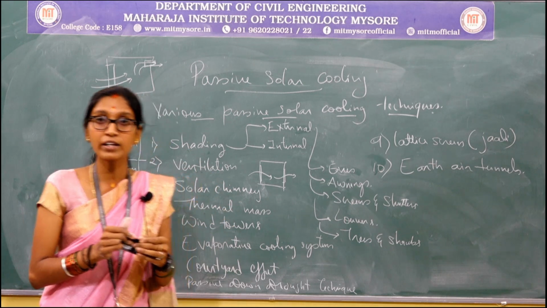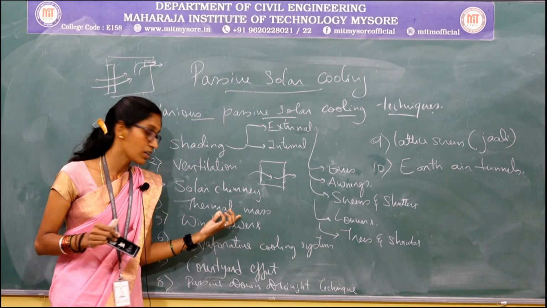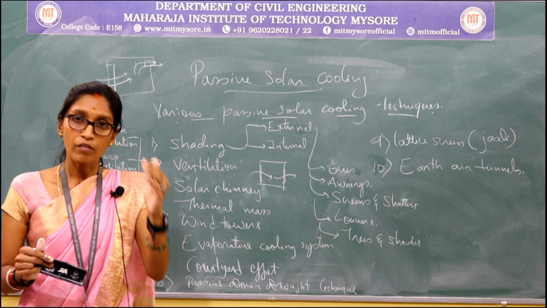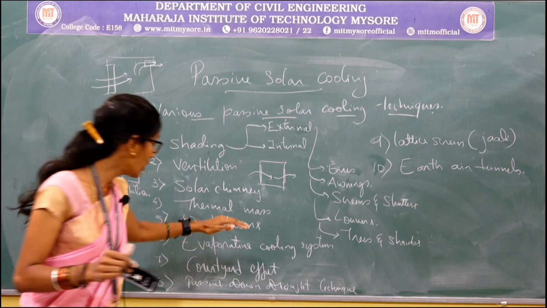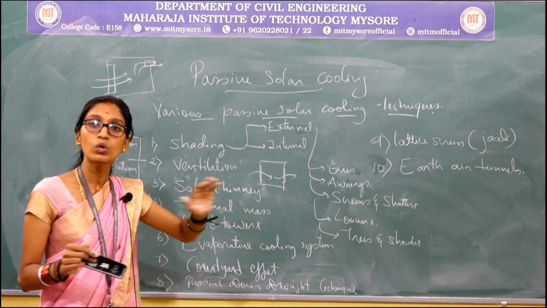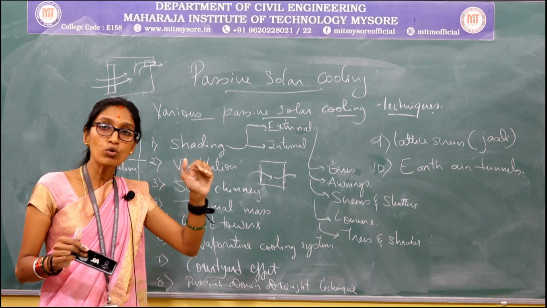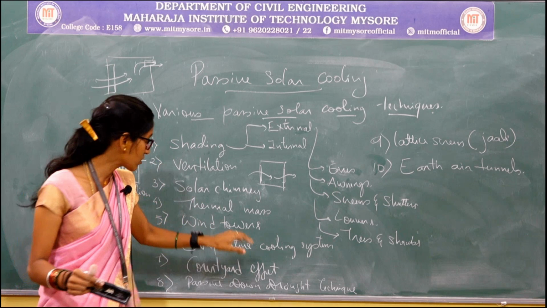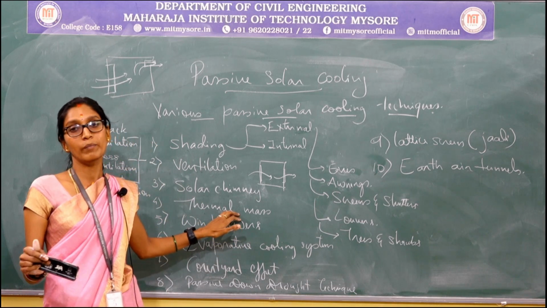Yes, it is quite interesting to have this thermal mass, and in most structures we do use thermal masses in order to cool down a building, and in most of the heritage buildings we do have this technique in order to cool a building.